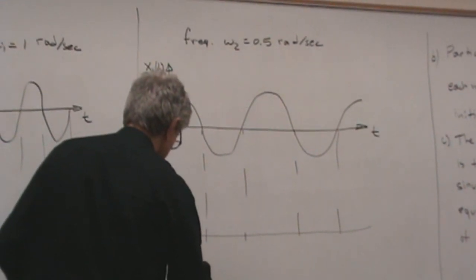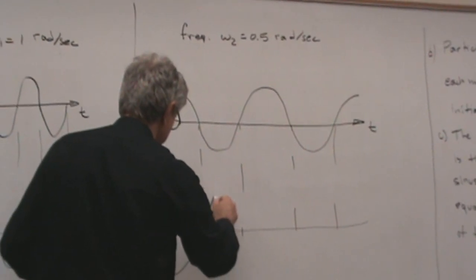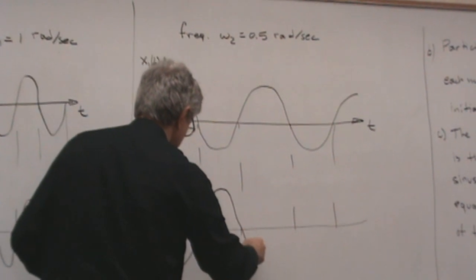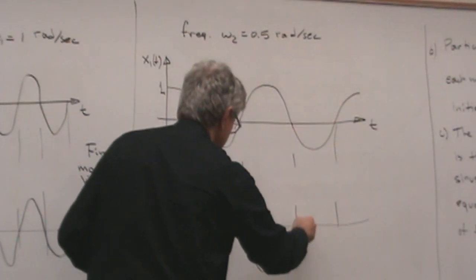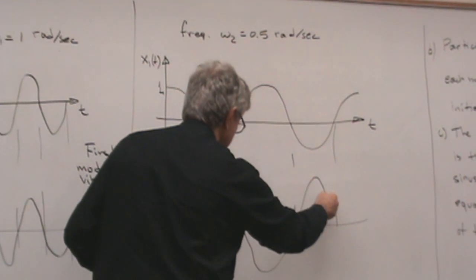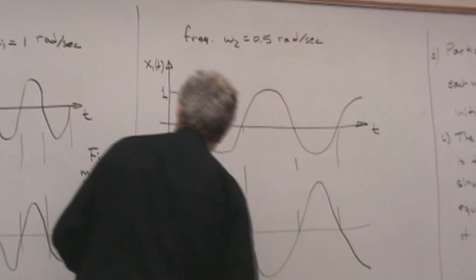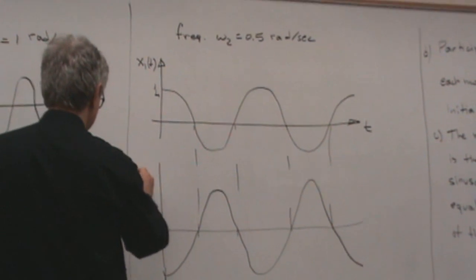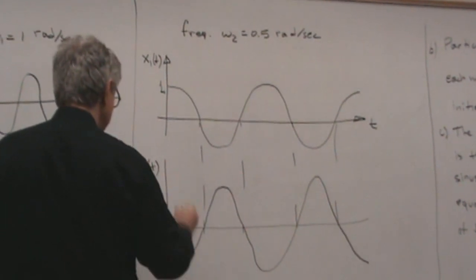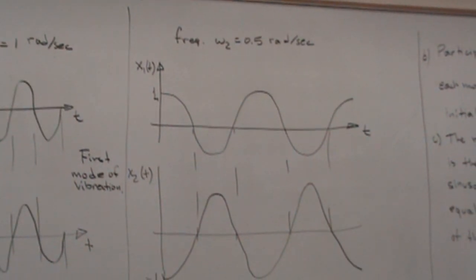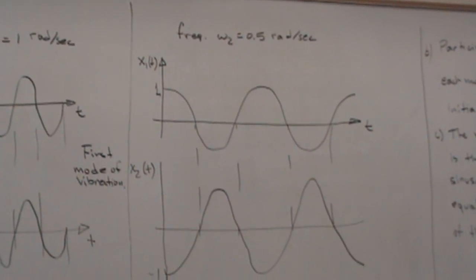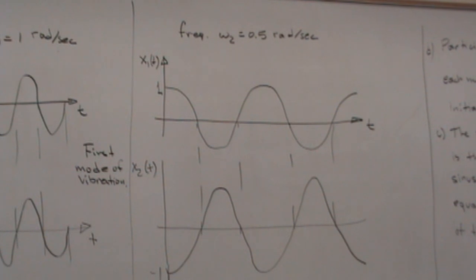So you have something like this, a displacement like this. So this is x2 of t, and this is -1. So in the second mode, the masses move up and down like this.